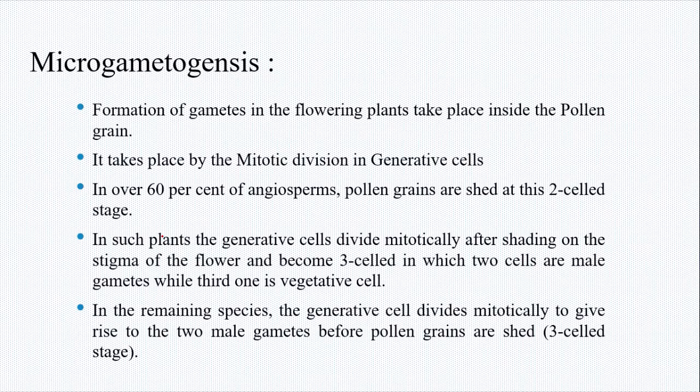The vegetative cell provides nutrition to the gametes. But this does not mean there will be only one generative cell and one vegetative cell in the pollen of the 60% of plants. The generative cells of these plants will also divide, but only after the pollen lands on the stigma and, following the pollen-pistil reaction, the pollen tube germinates.